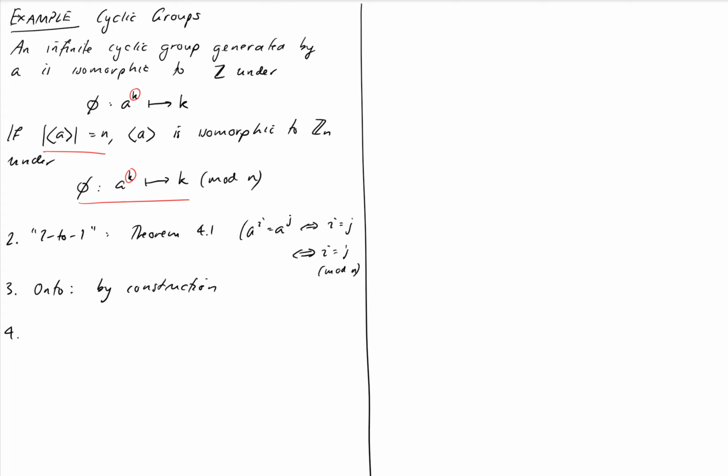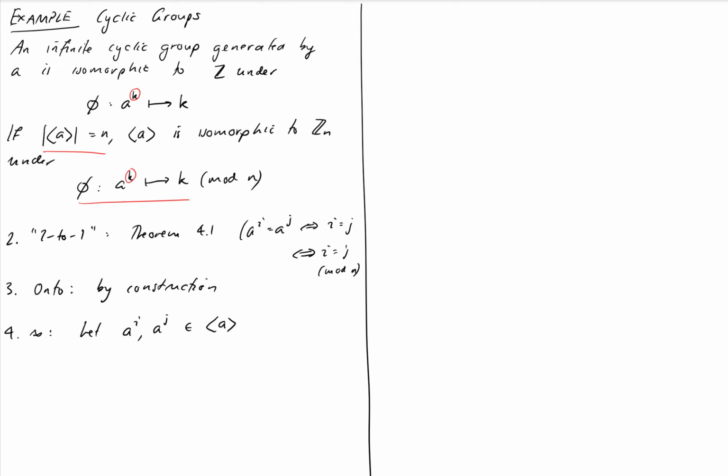So let's do the infinite case first. This one says that phi of, so I'm going to say let a to the i, a to the j be members of our cyclic group.